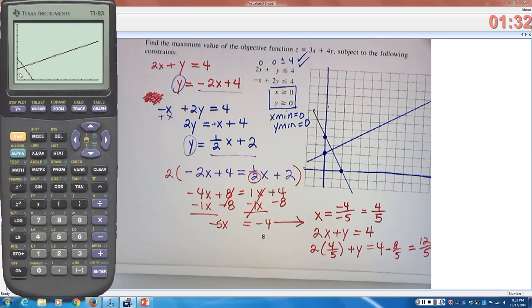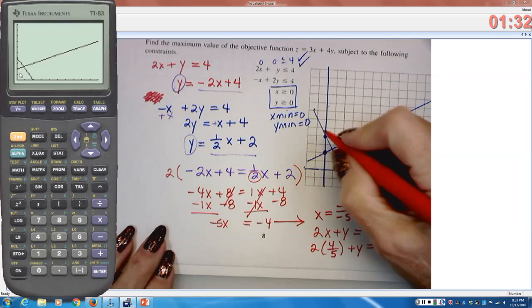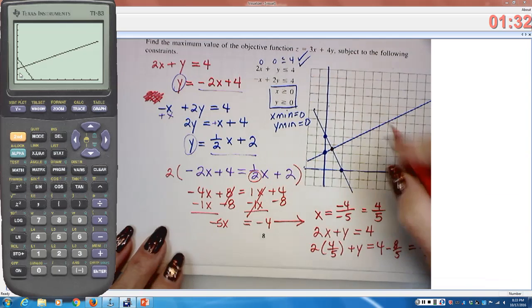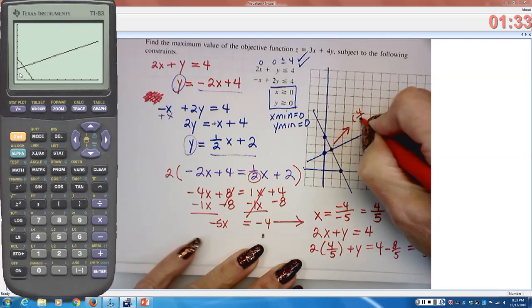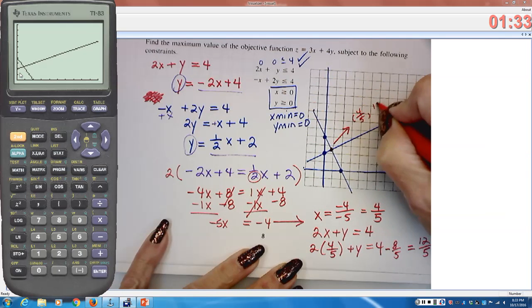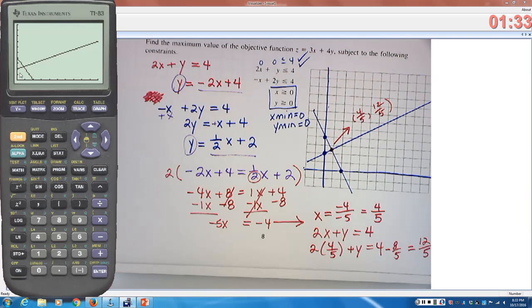Okay. So the thing that we just found was the value of this point right here. And if you want to find that, now that you've got it graphed on your calculator, it's easy to find. Second, trace, intersect. It doesn't really matter where your cursor is.